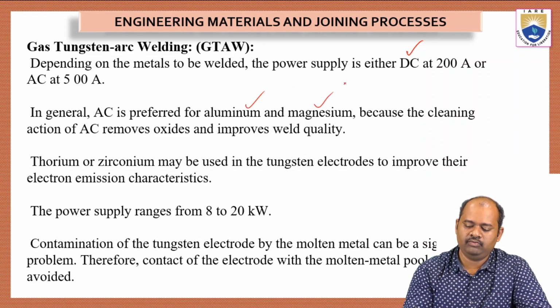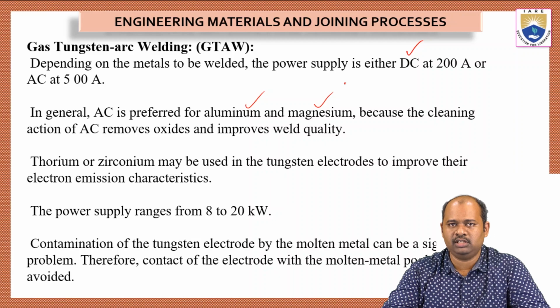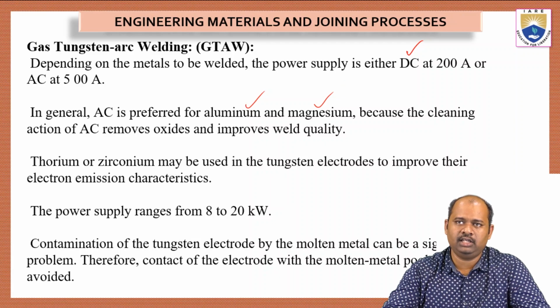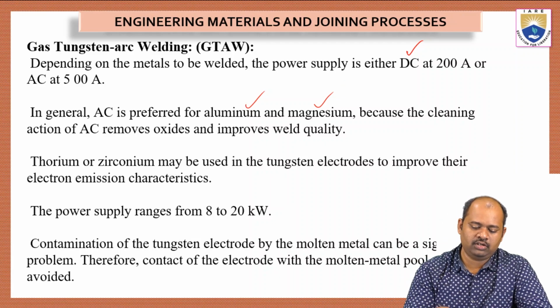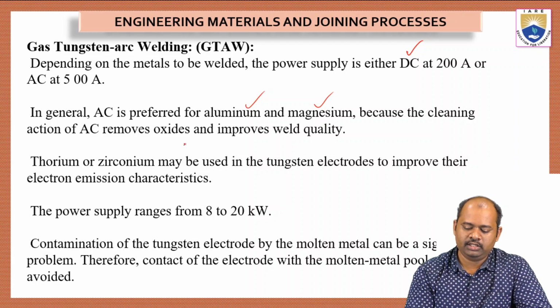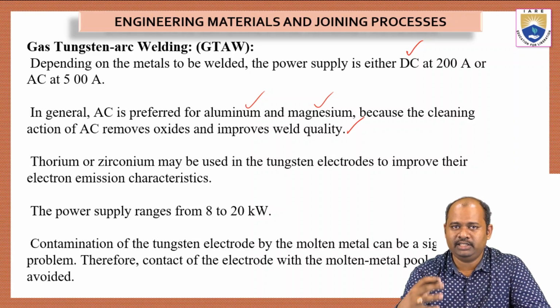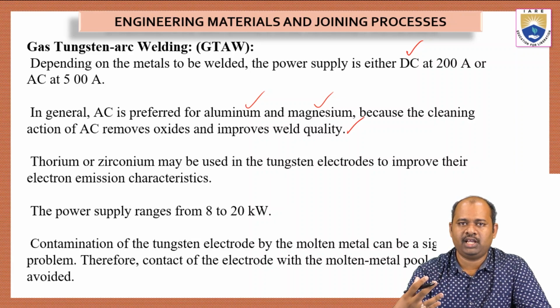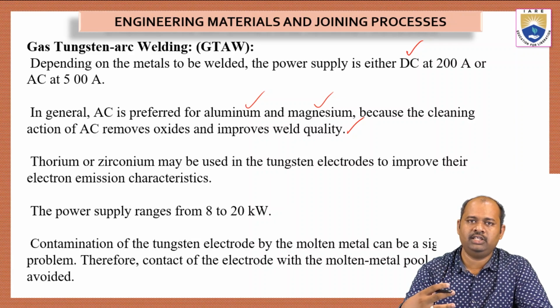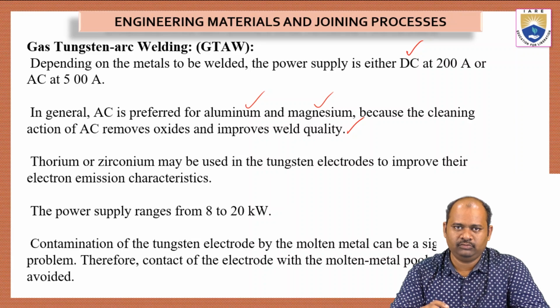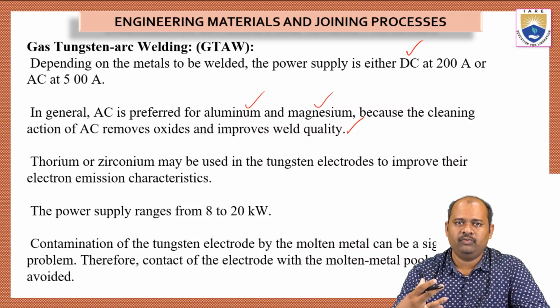When we are welding aluminum or magnesium metals, we have to choose alternating current, because the cleaning action of AC removes oxides and improves weld quality. Whenever we are using alternating current, it itself acts as a cleaning mechanism. The welding joint will not be oxidized if we are using alternating current.